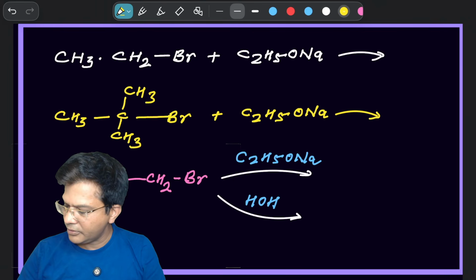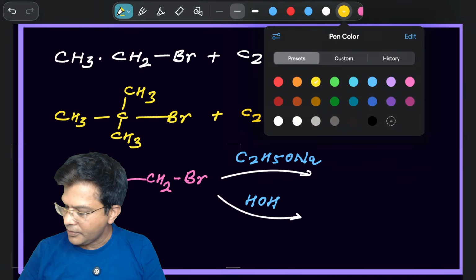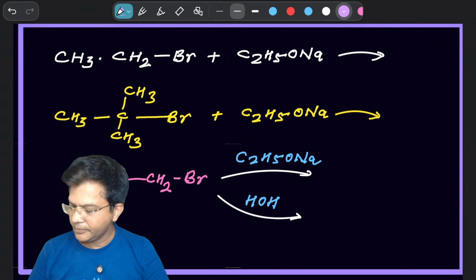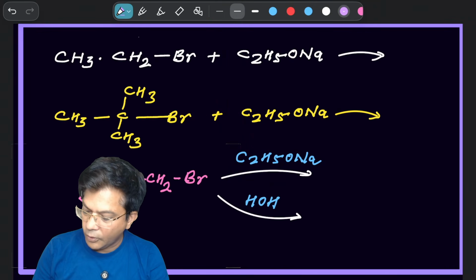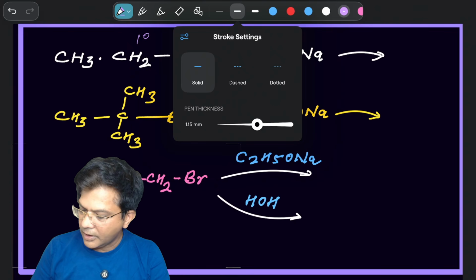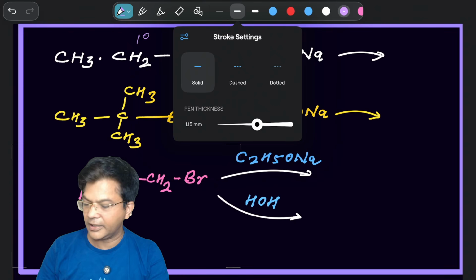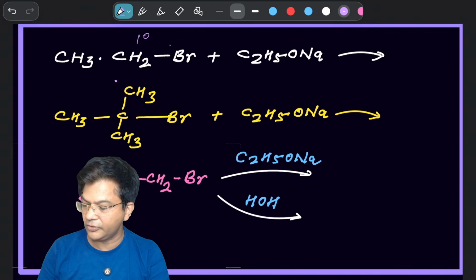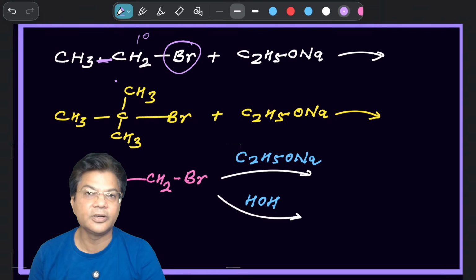In front of you, just see the reactant. This is 1 degree. How to find out it is 1 degree? My dear students, the carbon to which the halogen is attached, if that carbon is further attached with one more carbon or no other carbon, that means it is 1 degree.